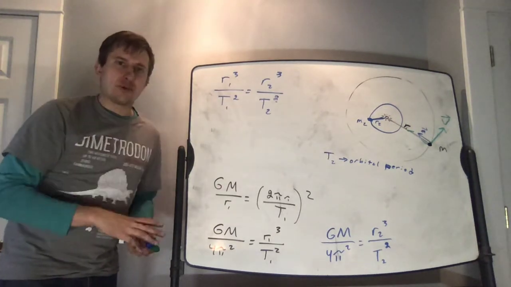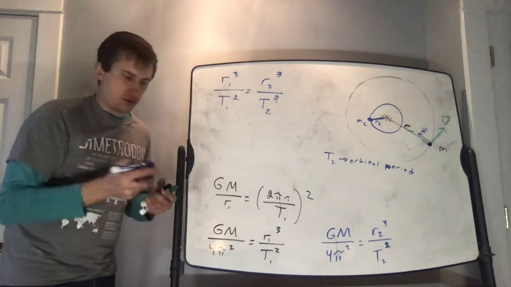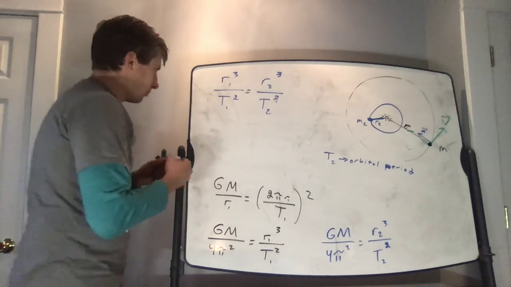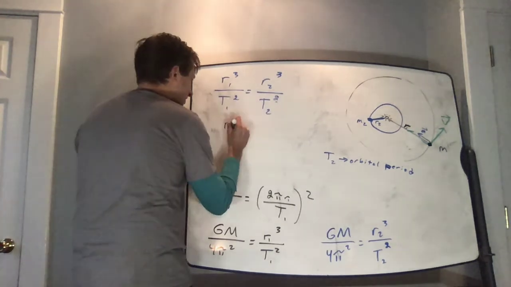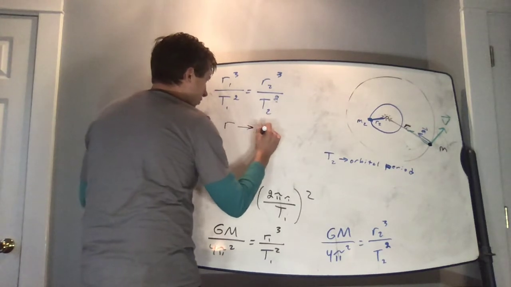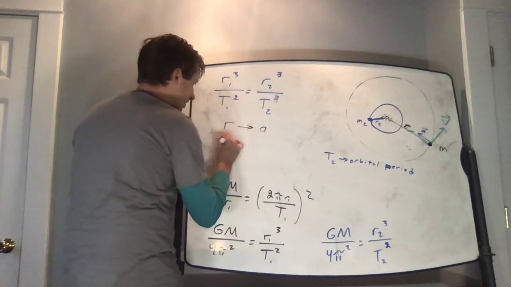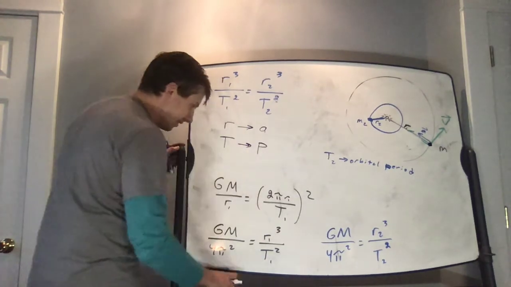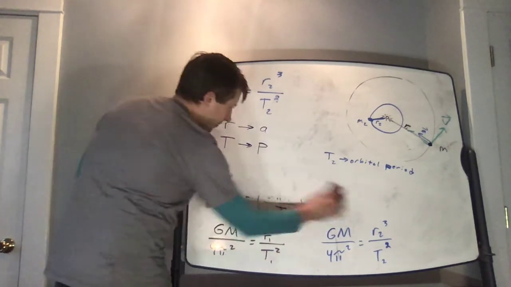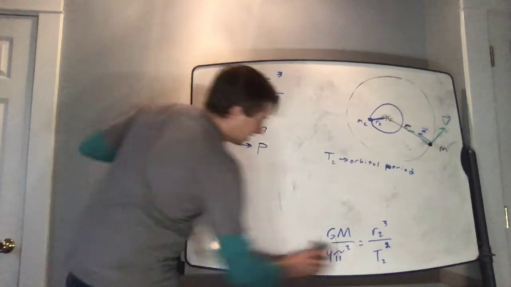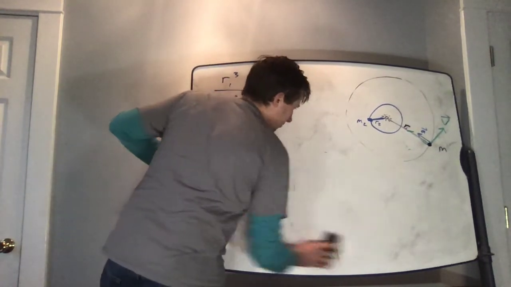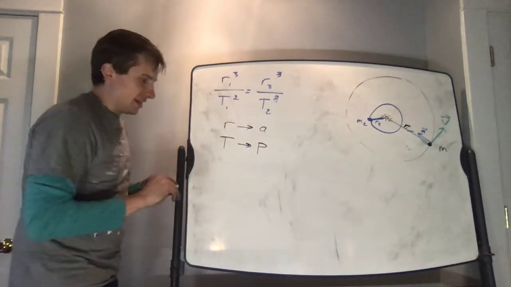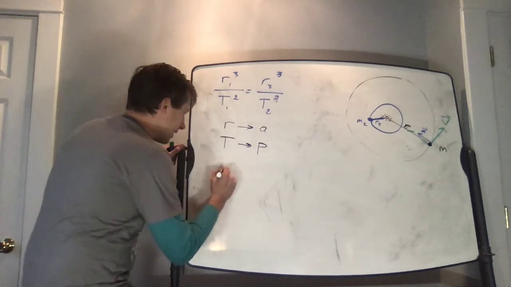But to align with what's written in the PowerPoint slides, I'm going to replace R, the distance from the planet to the star, with A. I'm going to replace T, the orbital period, with capital P. And when I make that substitution, that replacement, I get Kepler's third law as is written in the lecture slides.